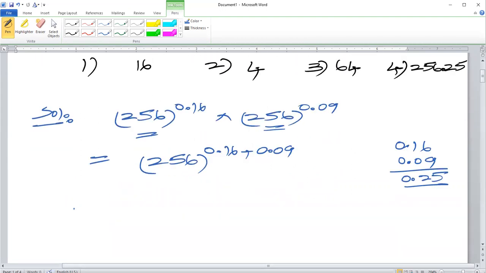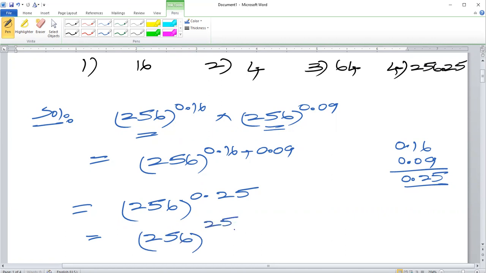So now this is equal to 256 whole to the power of 0.25.